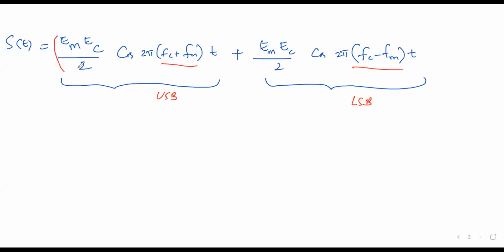So this is the amplitude of the one sideband. Similarly, for the other sideband, the amplitude is Em Ec by 2. So both the sidebands will have the same amplitude, and the frequency is Fc minus Fm for lower sideband.